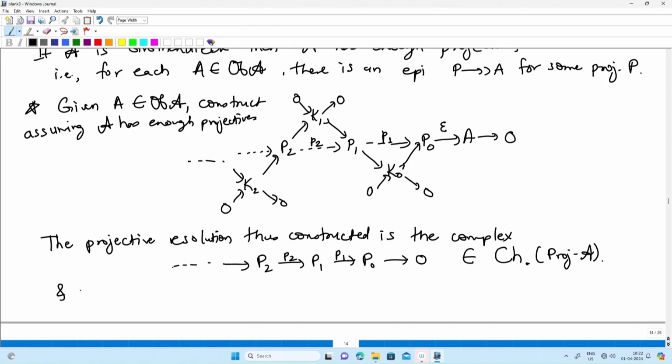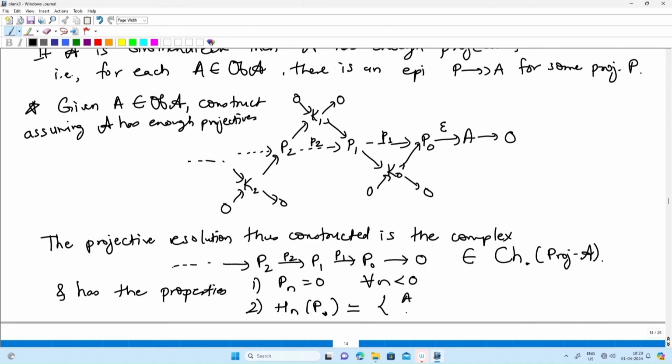It has two properties. The first one is that Pn is equal to 0 for all n less than 0. And the second one is that Hn of P dot is equal to either A or 0, depending on whether n is 0 or otherwise.